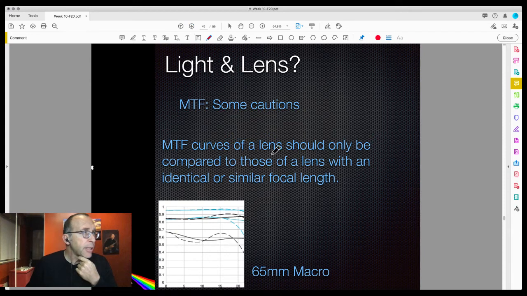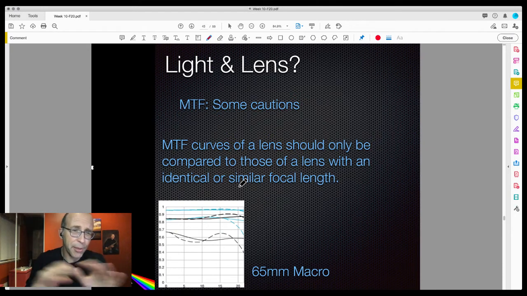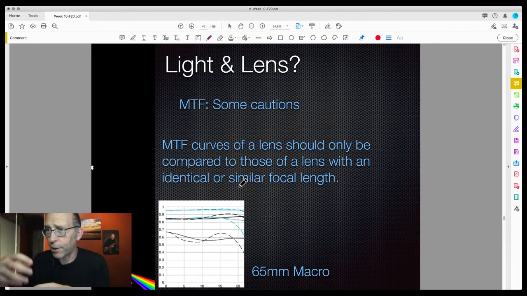Another thing to think about for MTF graphs is that curves of a lens should only be compared with those of a lens of similar focal length. Some of you are going to be like, I don't care about MTF graphs, glad I know how they work, but that's about it. But some of you are going to get right into it, and you're going to start analyzing your lens compared to your friend's lens.